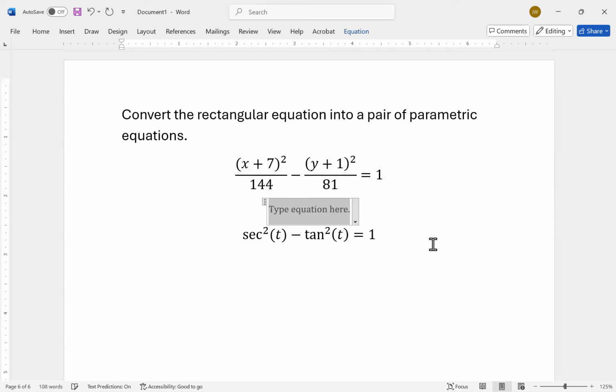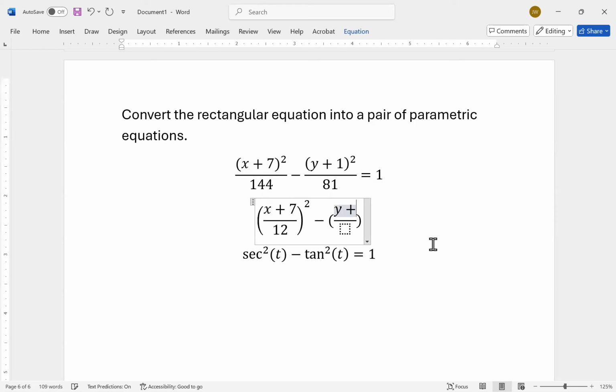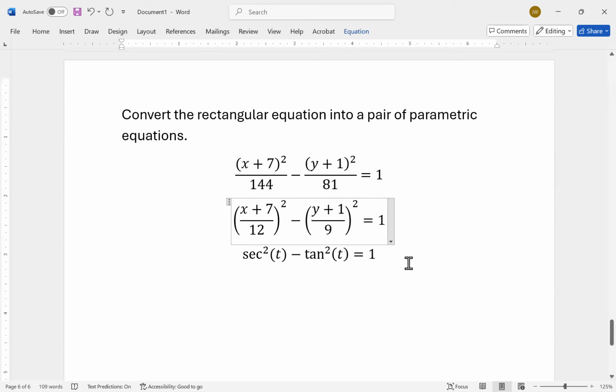In the way I'm doing it, it would be x plus 7 divided by 12 quantity squared minus the fraction y plus 1 over 9 quantity squared set equal to 1.